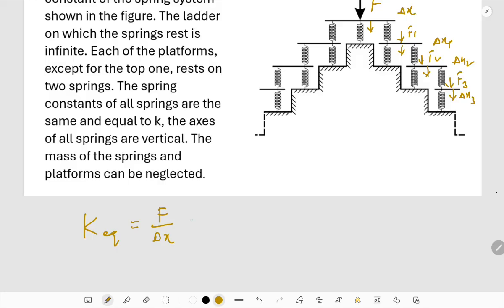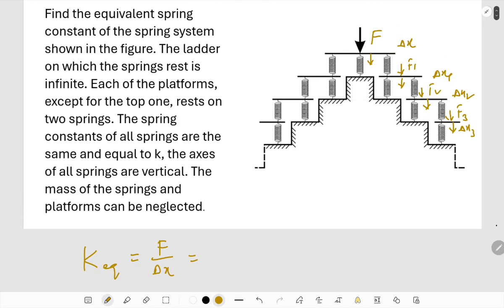And what is the value of F? Because we don't know, because we have applied this force to start the solution of the problem, we need to explore it a bit more.